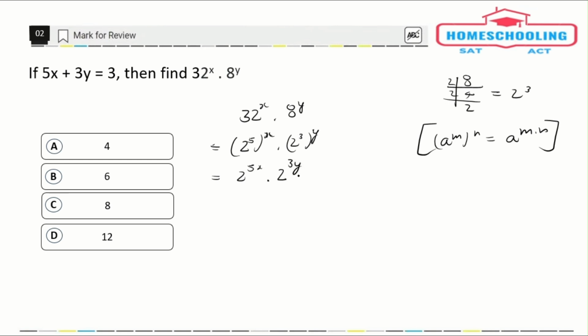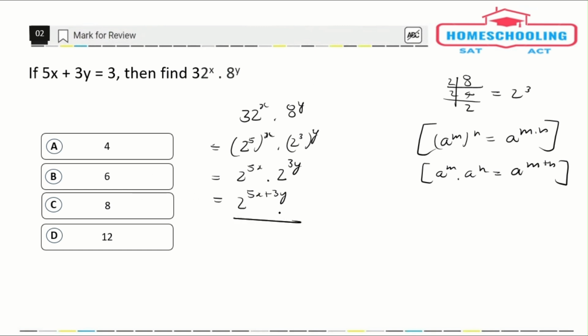Now which rule are we going to use here? We have the product rule, which says that a to the power m into a to the power n is equal to a to the power m plus n, because the bases are the same. So we can write it as 2 to the power 5x plus 3y.